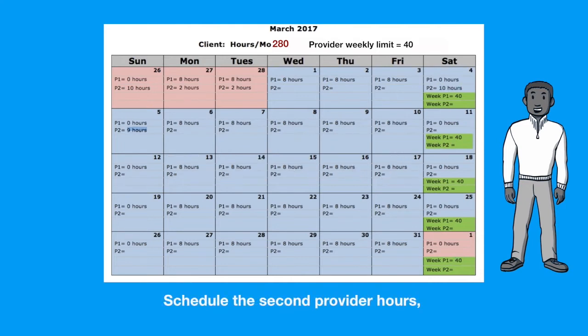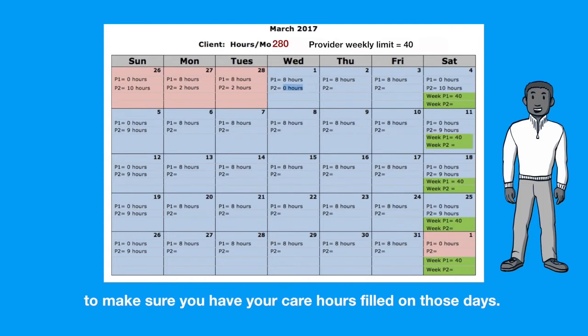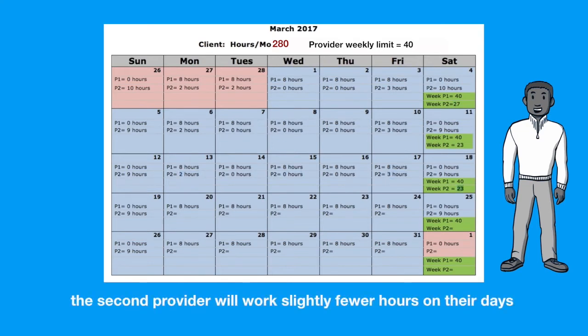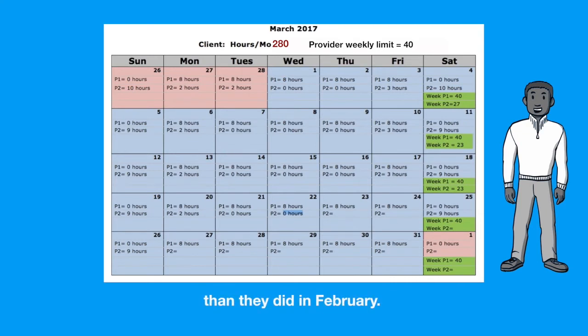Schedule the second provider hours, starting with the weekends, to make sure you have your care hours filled on those days. Since there are more days of the month and fewer total hours, the second provider will work slightly fewer hours on their days than they did in February. Schedule the remaining work days according to your needs and preferences and the availability of the provider.